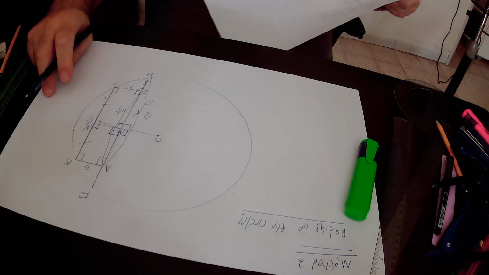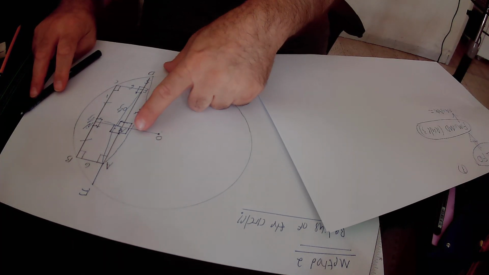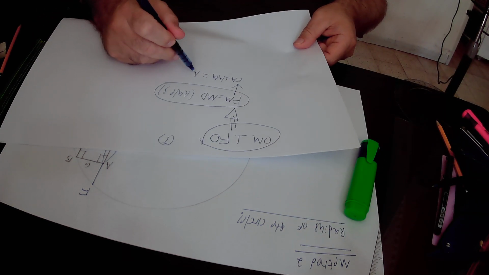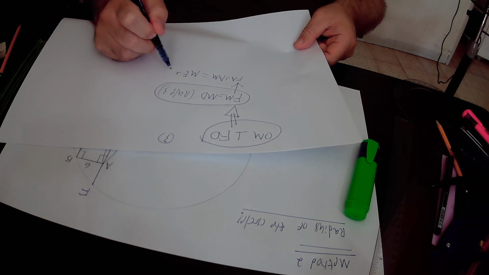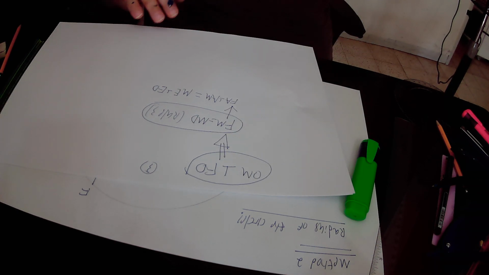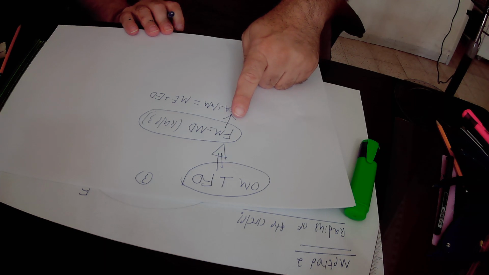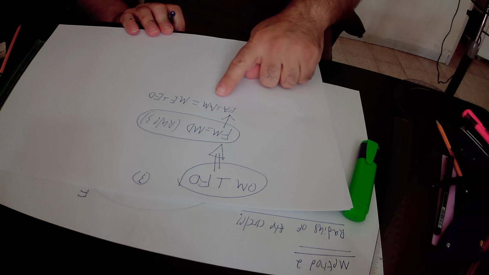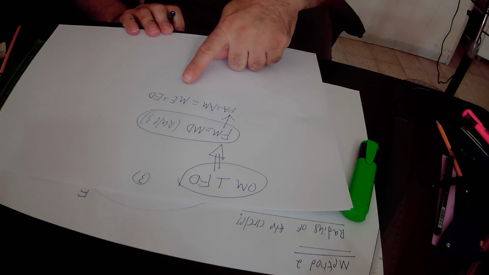It is very easy to see from the drawing that MD equals ME plus ED. So in conclusion, we found out that FM equals MD, actually FM equals FA plus AM, and it equals MD, but MD equals ME plus ED.